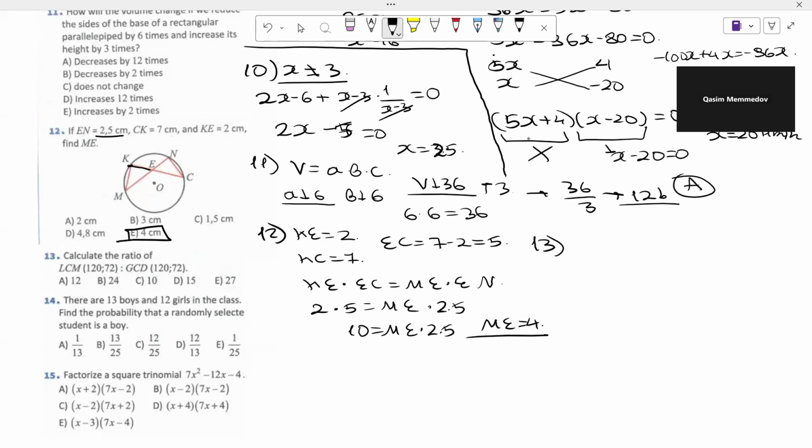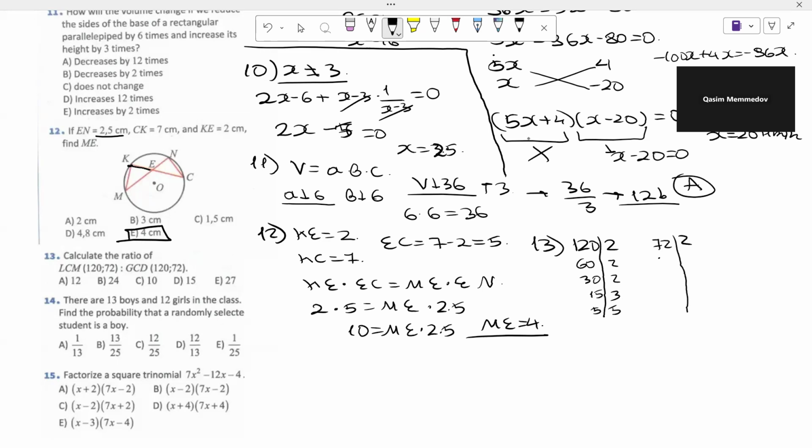When we're finding LCM and GCD, we must write them like that. 60: 2, 30; 2, 15; 3, 5; 5. And 72 like that.